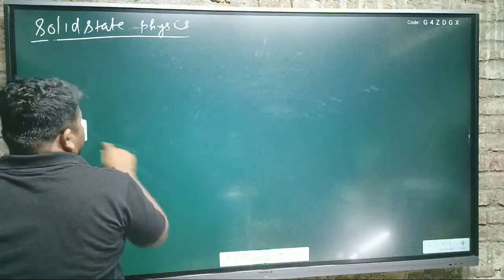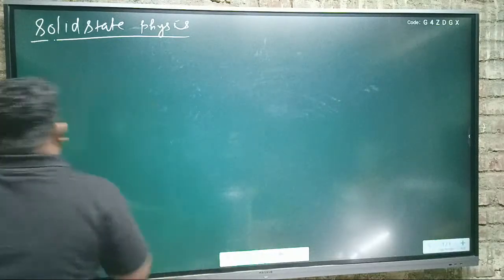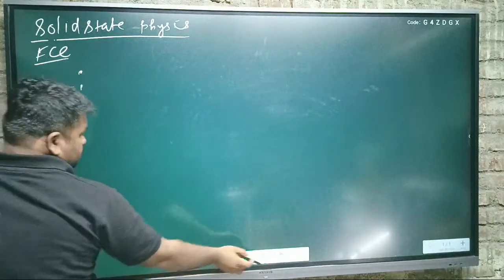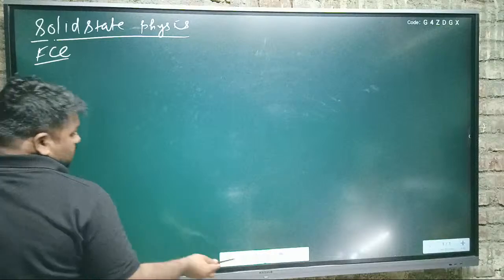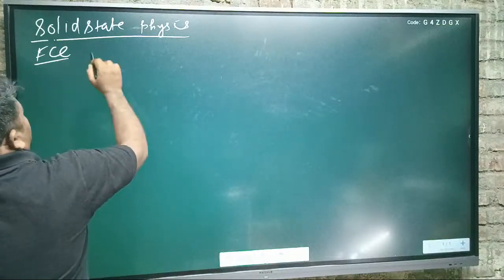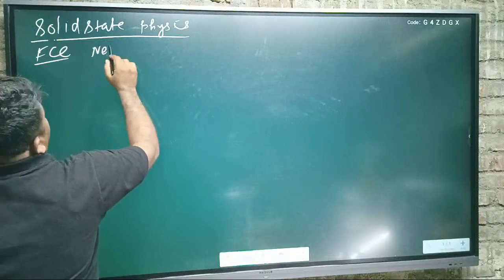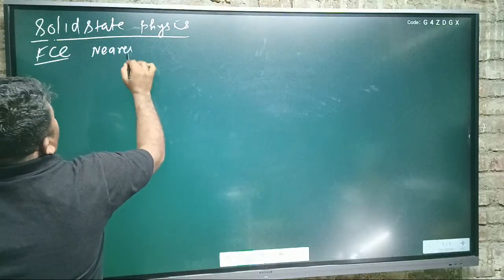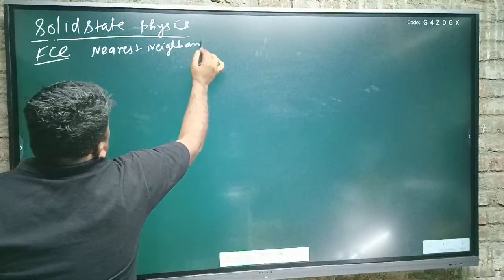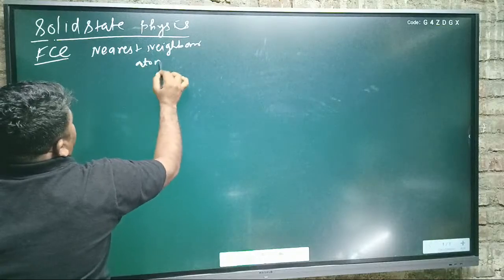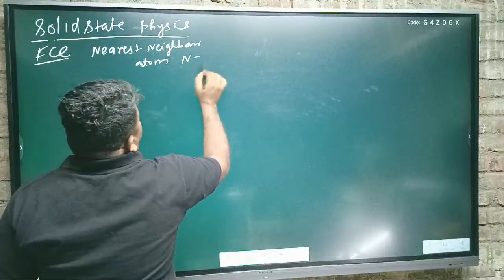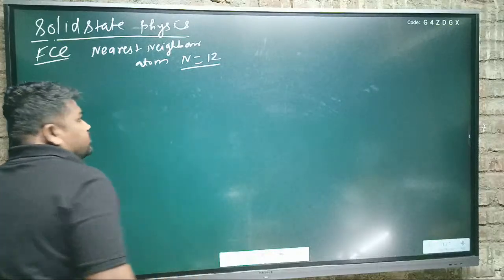FCC nearest neighbor atoms. How much is N? N is equal to 12. Total is 12.